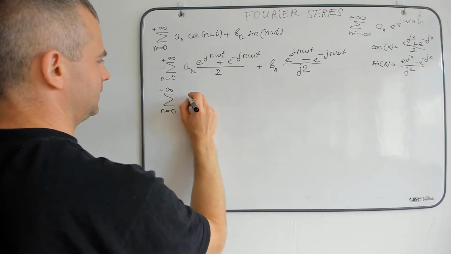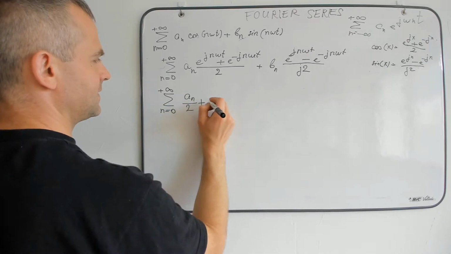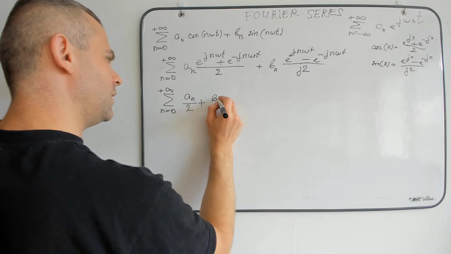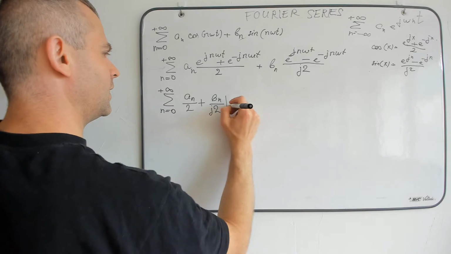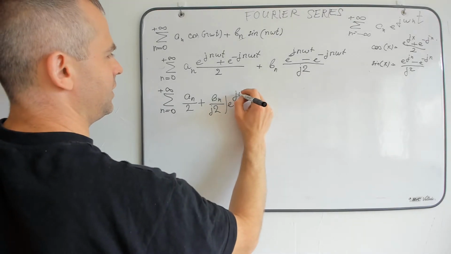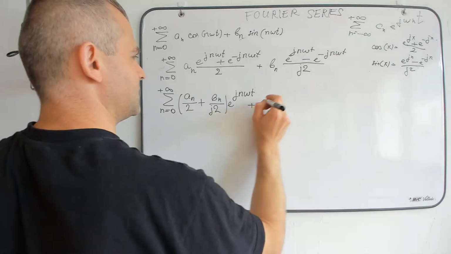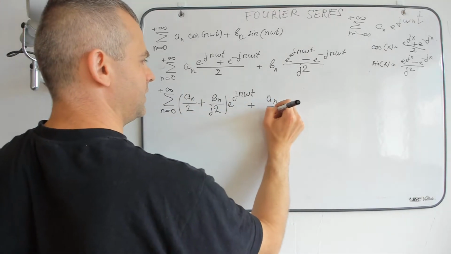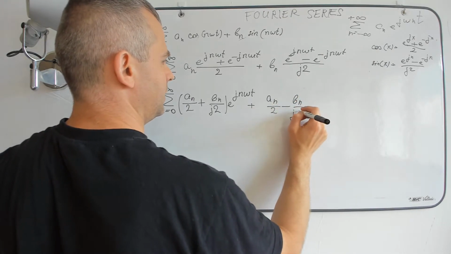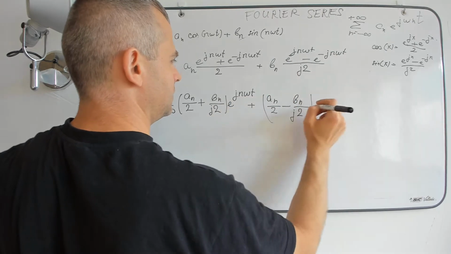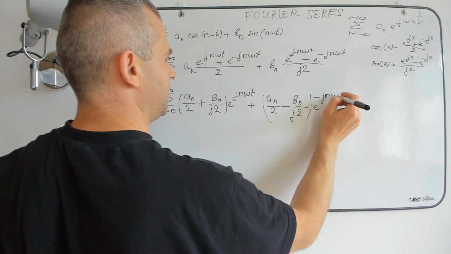So that will be an divided by 2 plus bn divided by 2j, times exponential of jn omega t, plus an divided by 2 minus bn divided by 2j, times exponential of minus jn omega t.